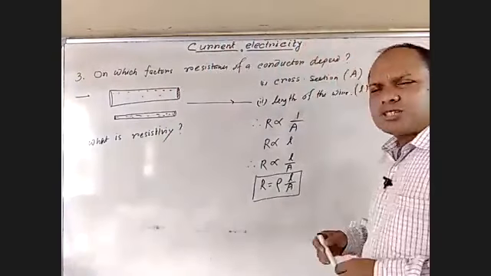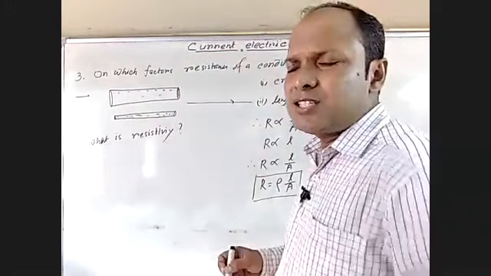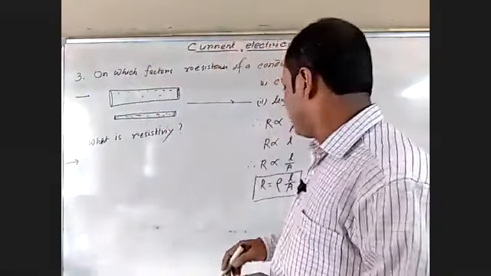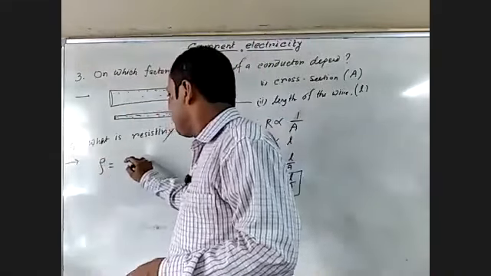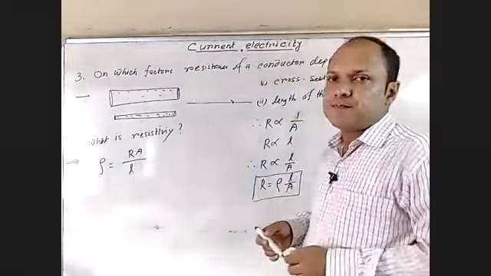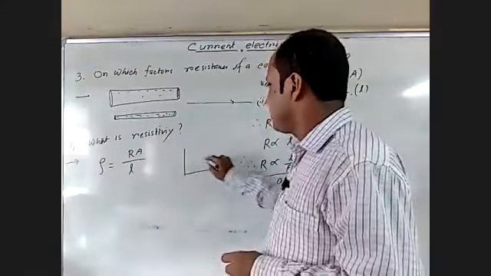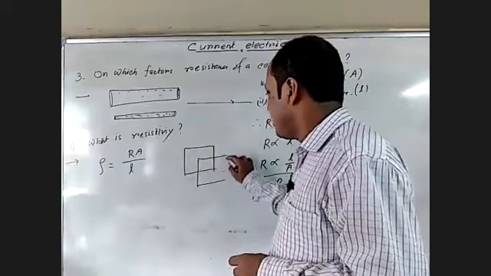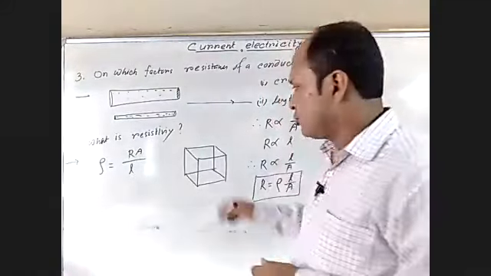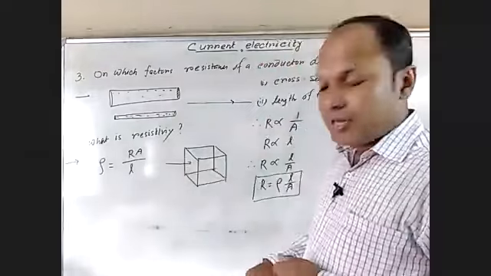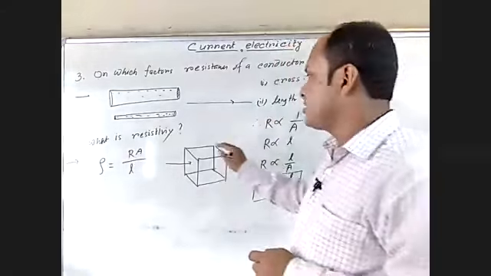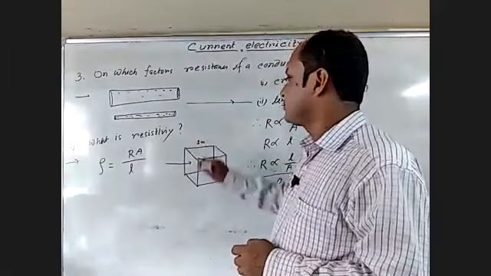Resistivity is a constant for a particular material, and it can be defined as the resistance offered by a cube against the flow of current through it when the length of each side of the cube is unit amount.